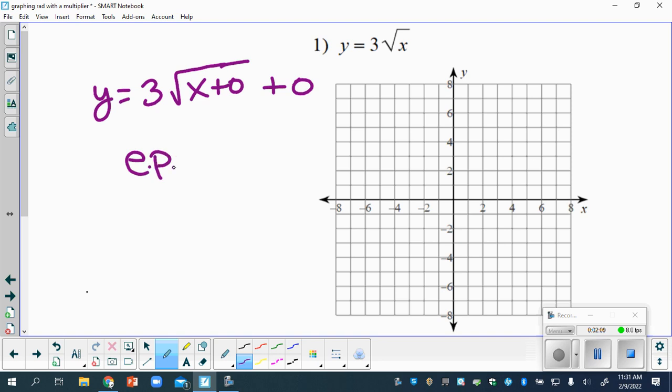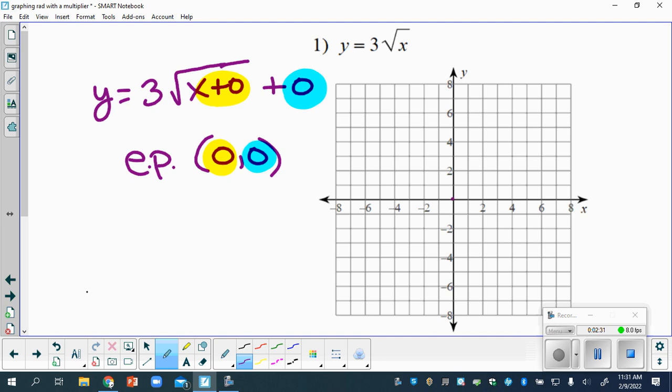Our endpoint, EP, is going to be 0, 0. And let me remind you why that is, because this is my x coordinate, and we always do it opposite. And this is my y, right? So it's 0, 0.